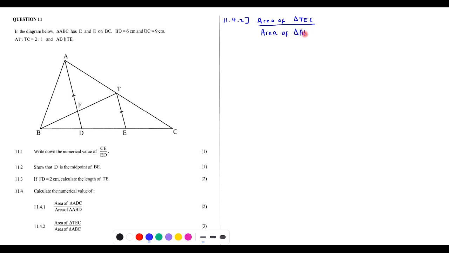Now we do the same thing. We first draw the triangles so that we can see what we're talking about. I'm talking about TEC, so there is TEC, and about ABC, now there is ABC.